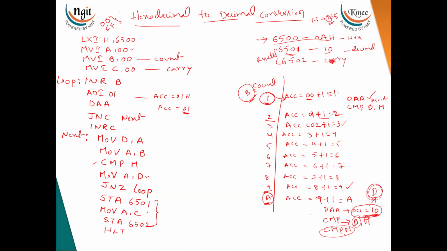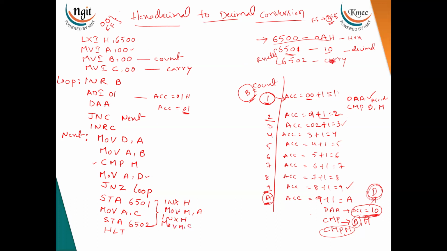Instead of this, you can also do it another way, because LXI H is holding the first location. By incrementing HL, you can store the A value into the memory, and also by incrementing HL, you can store the carry value into the memory.